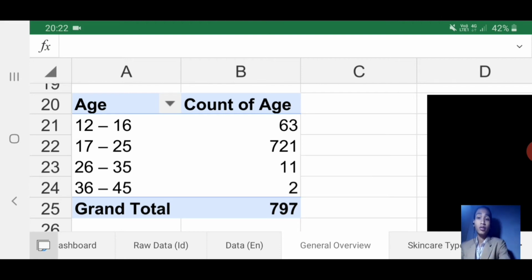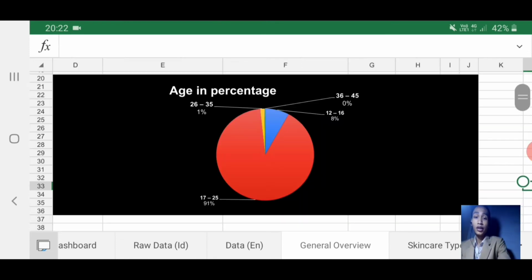There is a grand total of 797 respondents that range between 12 and 45: 12 until 16, 17 until 25, 26 until 30, 31 until 35, 36 until 45. You can see on the screen the percentage by age.